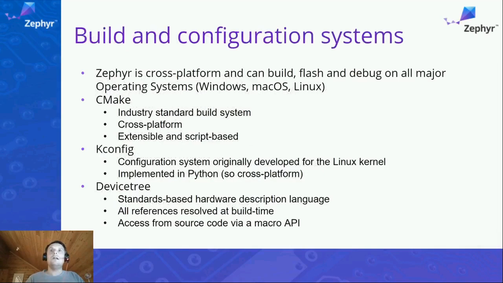So let's talk a little bit about how Zephyr is organized in terms of the build and configuration systems. This might not seem like a big deal when dealing with RTOSes, or at least maybe it wasn't until now, but more and more developers are interested in knowing that the build and configuration system that they're going to use is not only powerful enough to configure and build an RTOS, but also that it can be reused for the application itself.